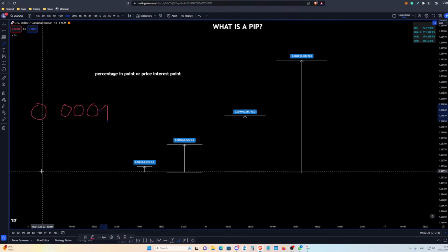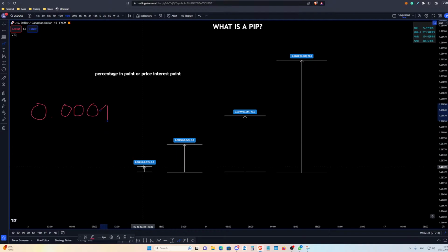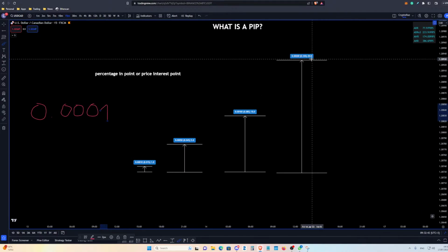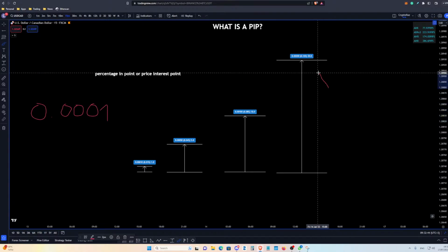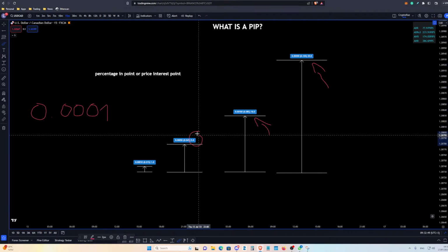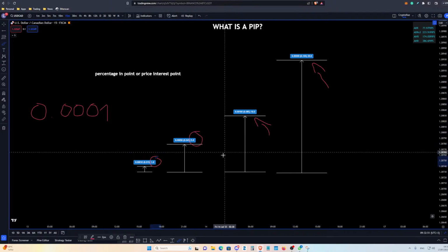Forex currency pairs are quoted in terms of pip, short for percentage in points. In practical terms, a pip is one hundredth of 1% and appears in the fourth decimal place. As you can see here, we have pips. This is 20 pips, this is 10 pips, this is 5 pips, and this is 1 pip.